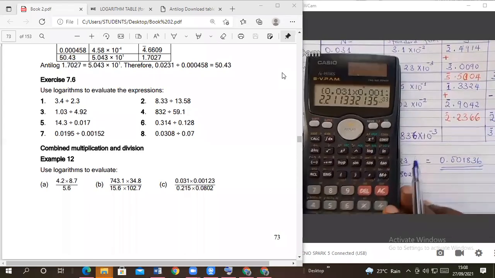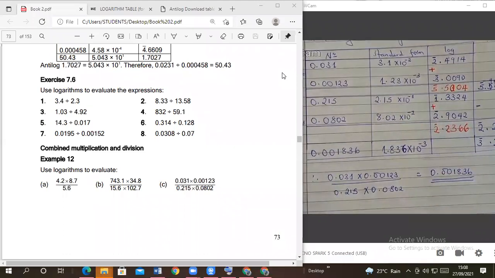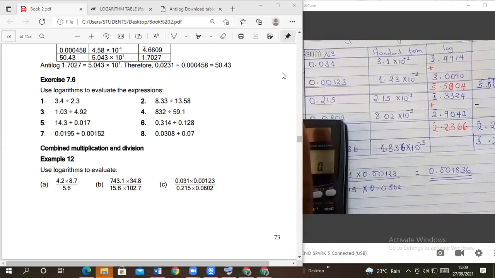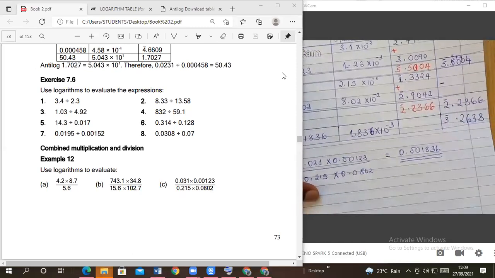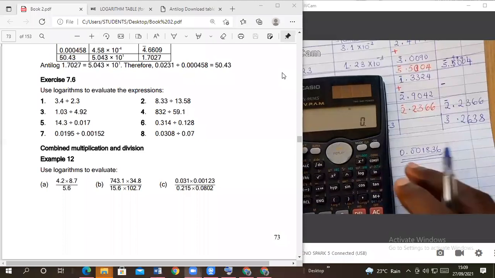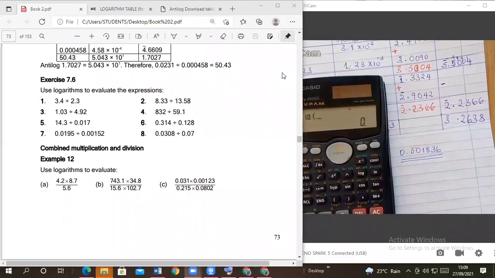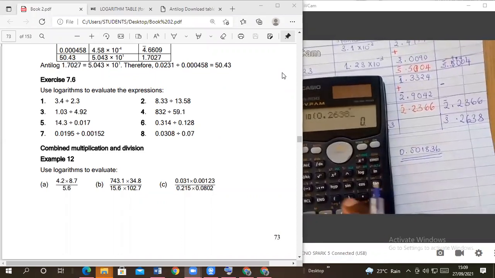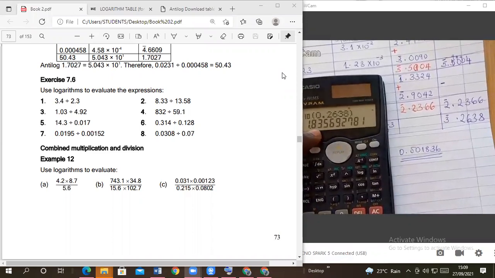Where have we made the mistake, members? Have you seen where the mistake came from? No. Let's see. Did we press this one well? Because I'm seeing here, shift antilog of 0.2638. It must be that.